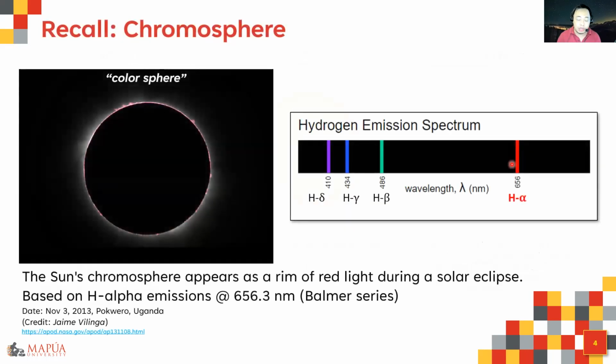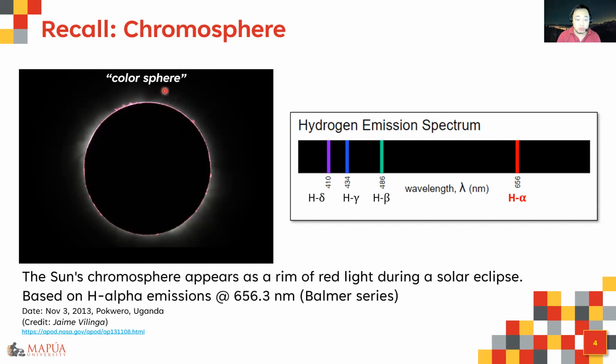Then above that, we can observe the chromosphere. One of the first ways we could observe the chromosphere was during a solar eclipse, where it appears as a very thin layer of red light at the surface of the sun.